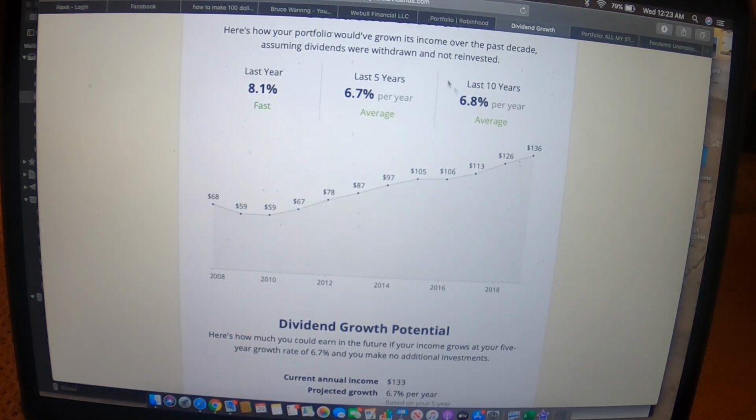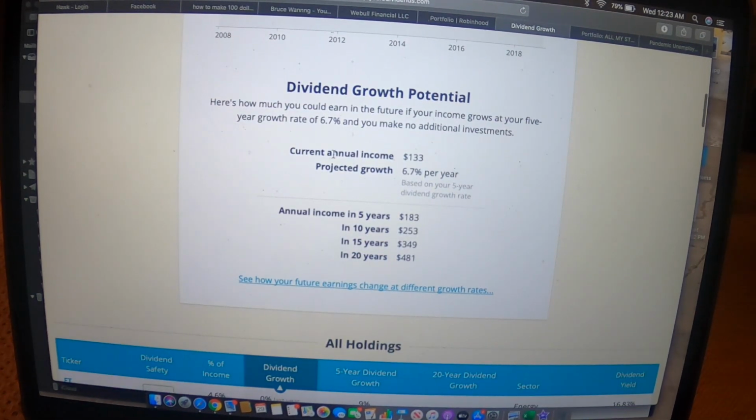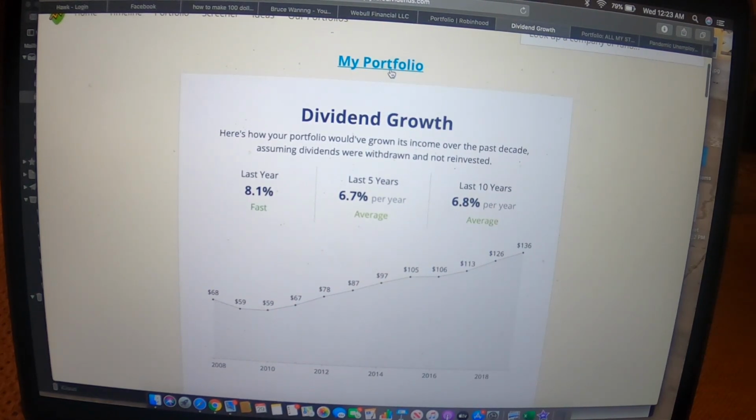Obviously I haven't been doing it for that long, it's only been a couple months, 4 months to be exact. For this year, I would get $133, and if that's how it stays the whole time, this is how it will break down over the years. But obviously that's going to be way higher than that.